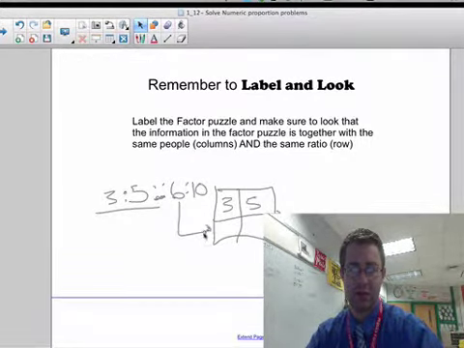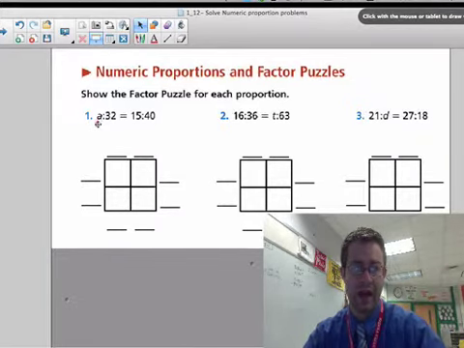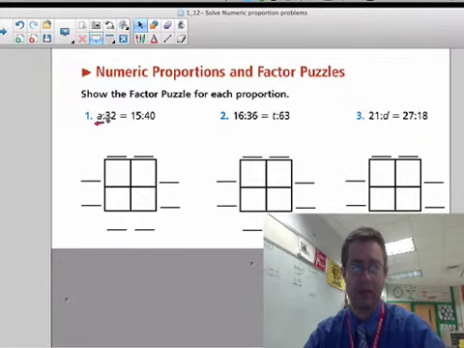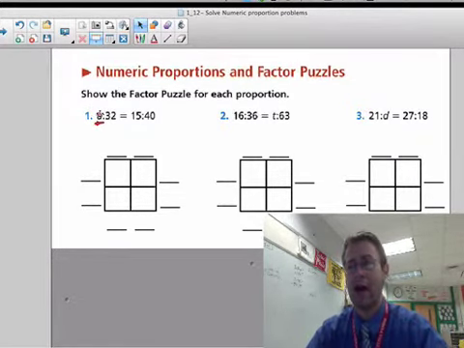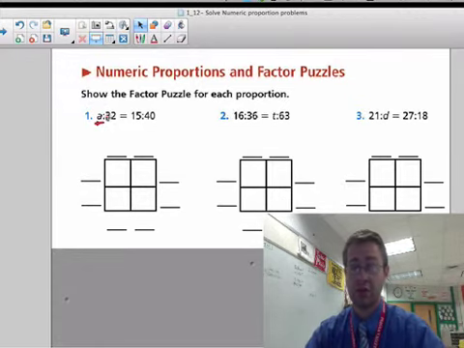So let's take a look at what that looks like. So we're looking at this factor puzzle. This is number 1 in your student booklet. I believe we're on page 31. And so what I want you to be thinking about here is, how would this look as a factor puzzle? So what we do is we take the parts. So we got A. We're trying to solve for A. So think about this as like we have Billy got this many apples to Jamie's 32.